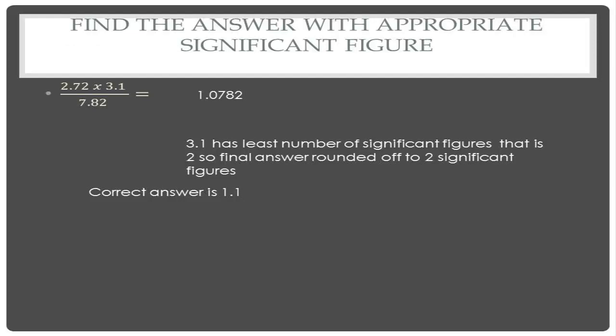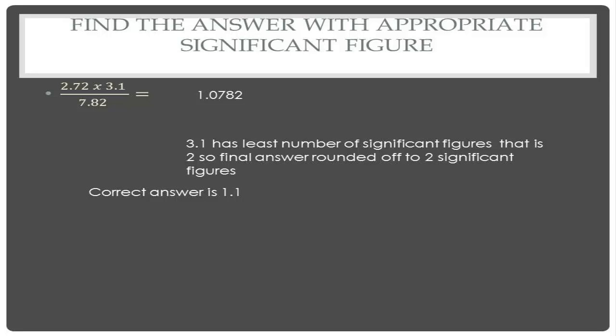Now find the answer with the appropriate significant figures. The algebraic operation indicated here is 2.72 multiplied by 3.1 over 7.82. If we do it directly, we get 1.0762. But according to appropriate significant figures, we have to find the least number of significant figures. 2.72 has 3 significant figures, 7.82 has 3 significant figures, and 3.1 has only 2 significant figures.